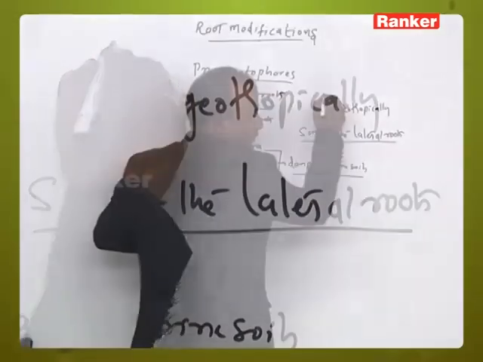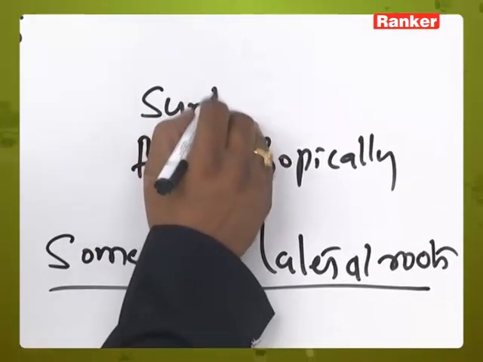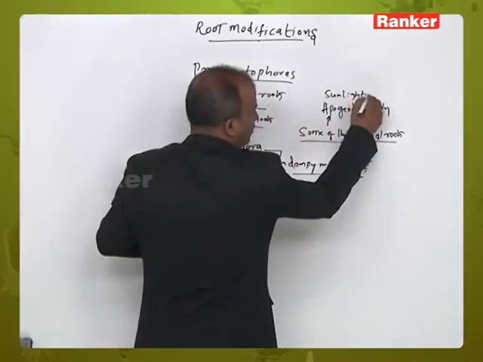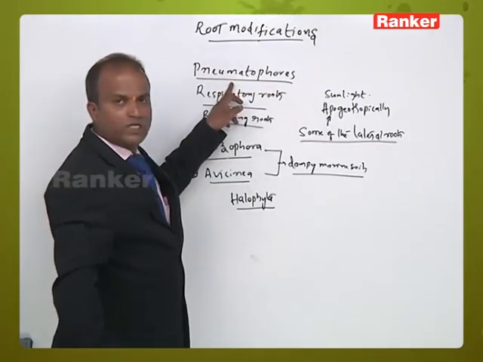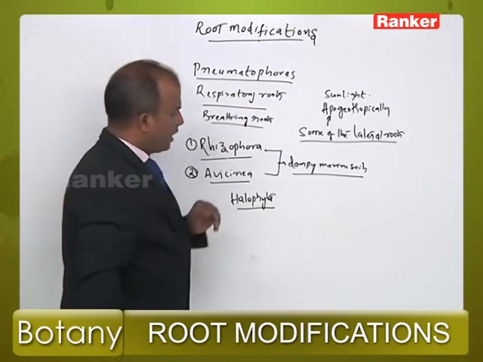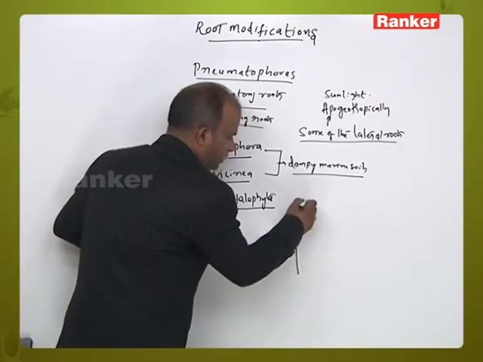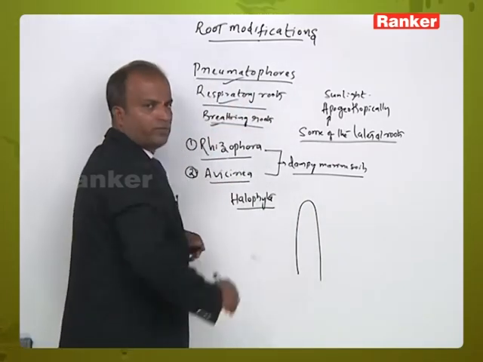That means they are growing towards sunlight. Yes, they are growing towards sunlight. Those roots are nothing but nematophores, or respiratory roots, or breathing roots.